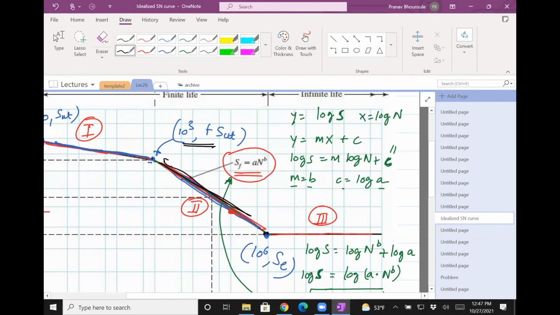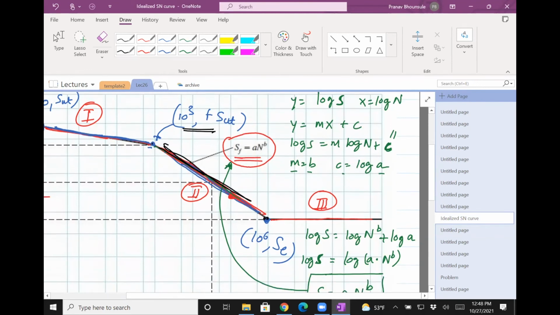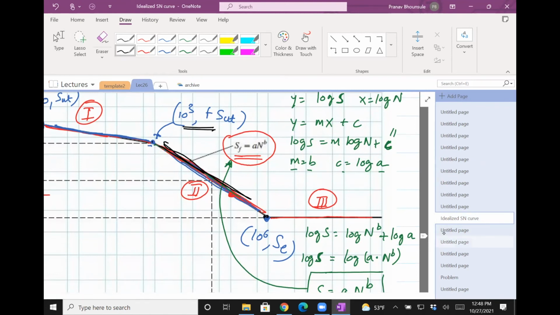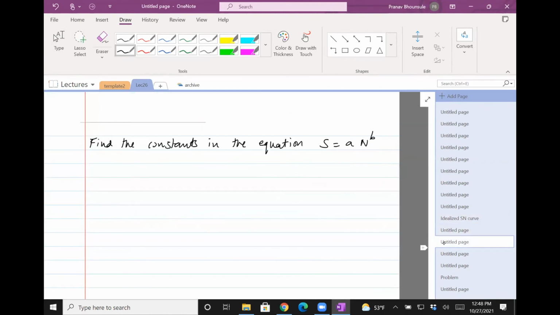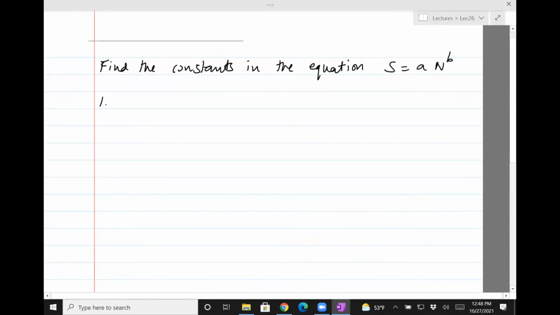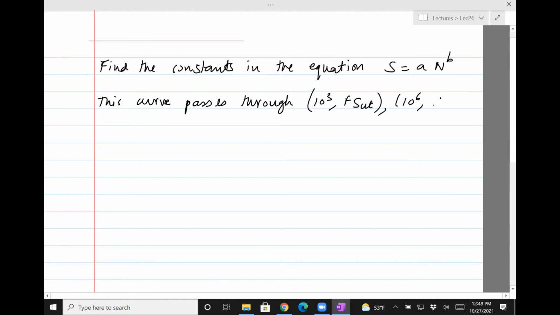Since this is the curve, one is 10,000 comma f sut, another one is 10 raised to 6 comma se. So I'm just going to use that fact to find those constants. Okay, so this curve passes through 10,000 comma fsut, and also through 10 raised to 6 comma se.